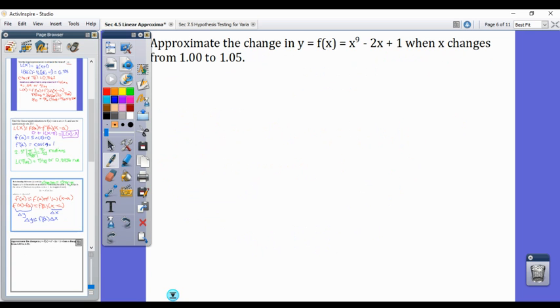So we are going to approximate the change in y, which equals f of x, and the function is x to the 9th minus 2x plus 1, as x changes from 1 to 1.05. Okay, so let's find the derivative. And that is equal to 9x to the 8th minus 2.